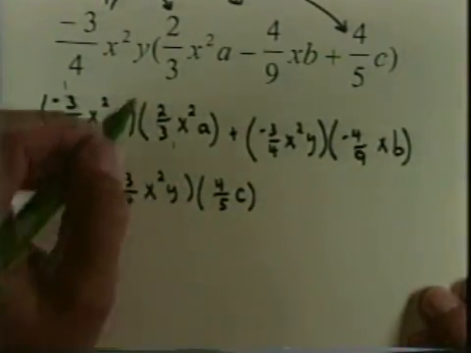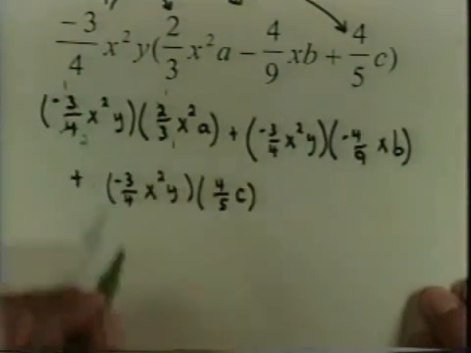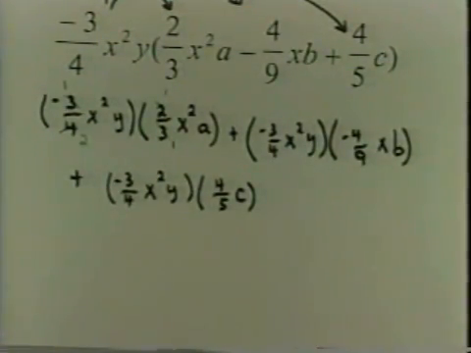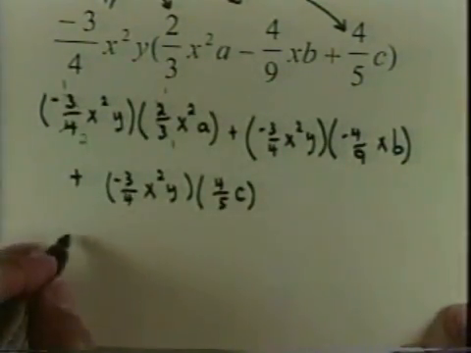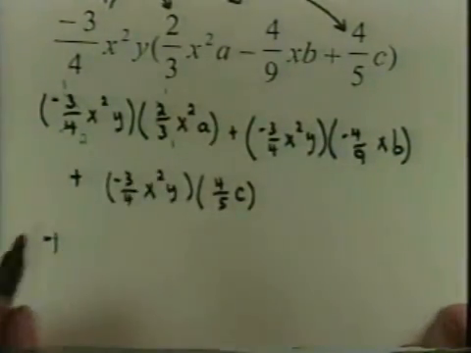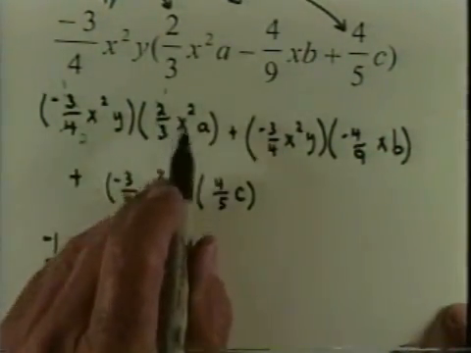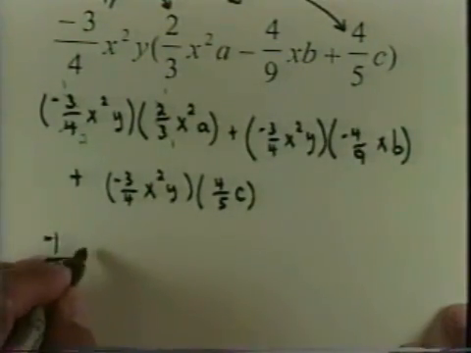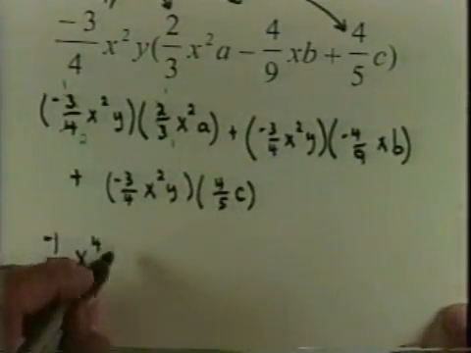Now I can do the 2 and the 4. 2 going into 2, 1. 2 going into 4, 2. A negative 1 times 1 is negative 1. 2 times 1 is 2. X squared times x squared is x to the 4th. I'm left with then y times a.